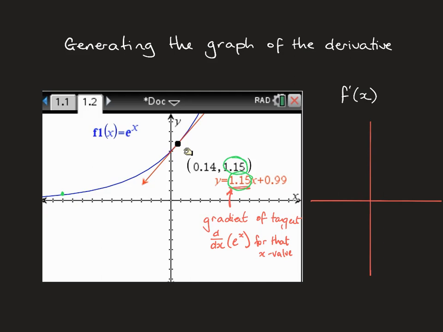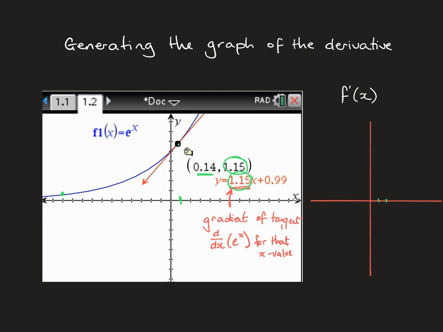And so what that means is that the derivative graph will have, for this x value here, exactly the same y value. For each x value, the derivative graph will have exactly the same y value as the y value for the original graph.